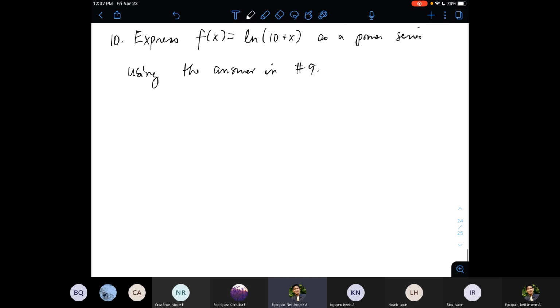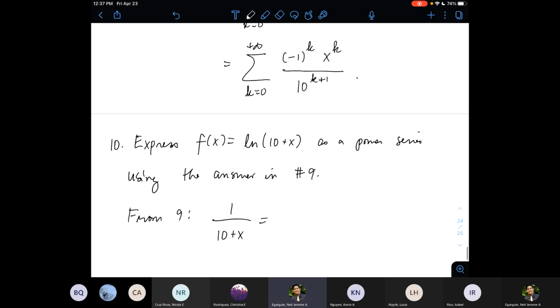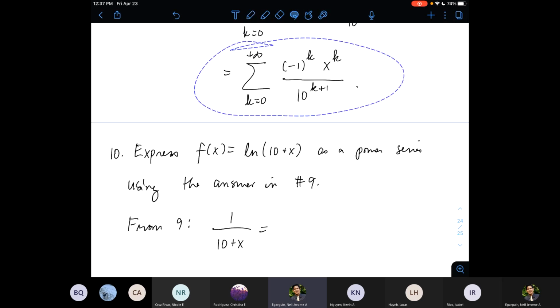So again from 9, this is what we got: 1 over 10 plus x is equal to this series.